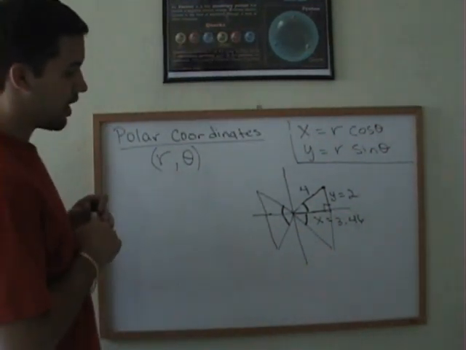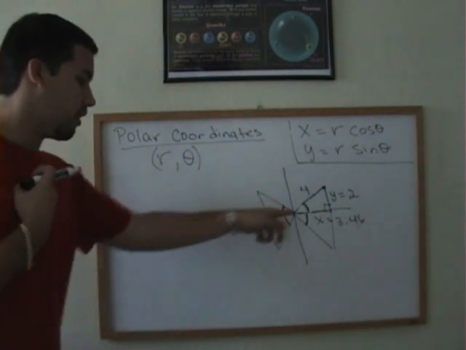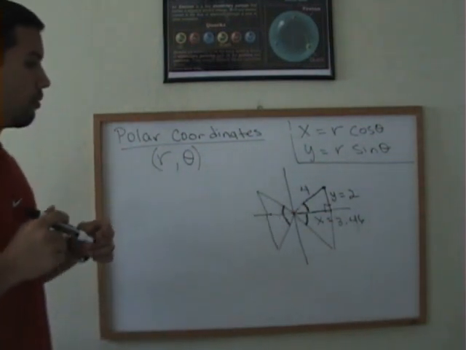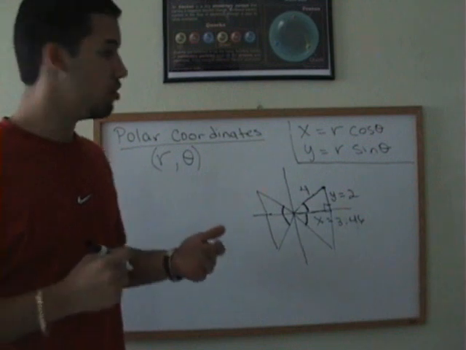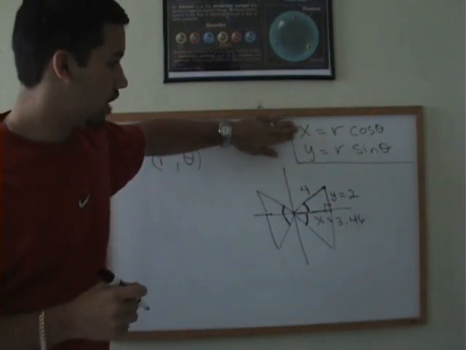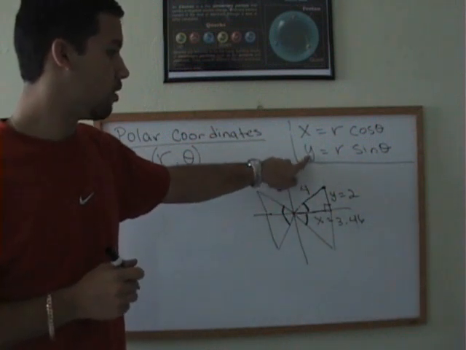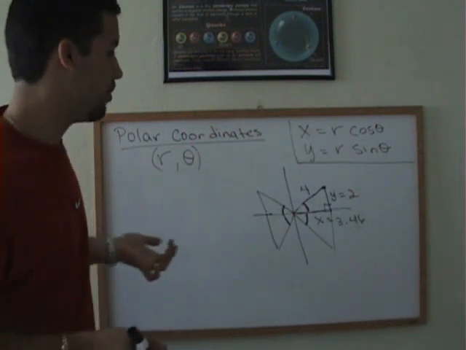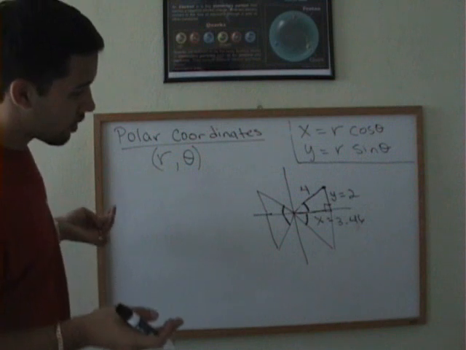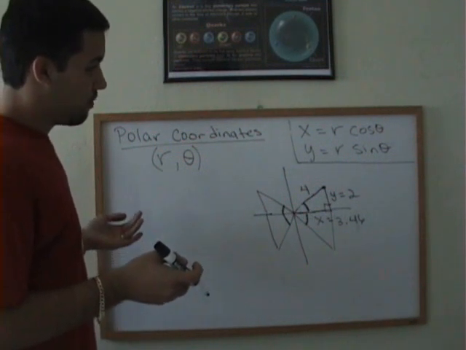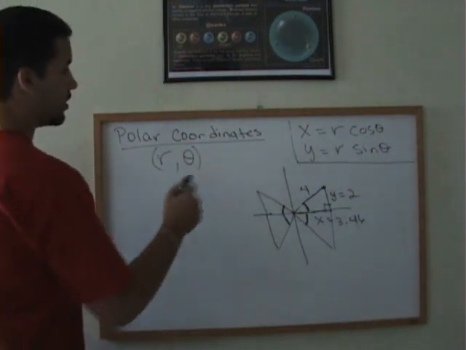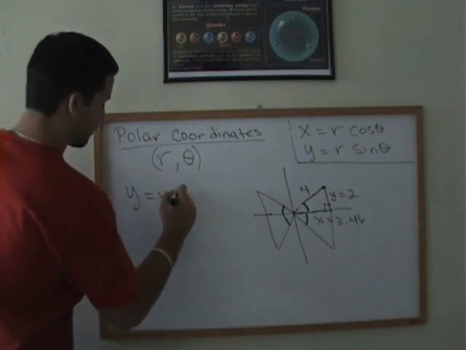Okay, so let's say we wanted to find the degree. We have an x, we have a y, so you could use either your top formula, which says x is equal to r cosine theta, or you could use your y is equal to r sine theta, because you have both of them. So I'm gonna go for y is equal to r sine theta.